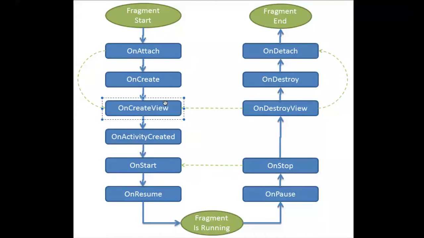So there are two things, don't get confused with onCreate and onCreateView. onCreate is a method which will create the fragment, and onCreateView is a method which will create the user interface for our fragment.